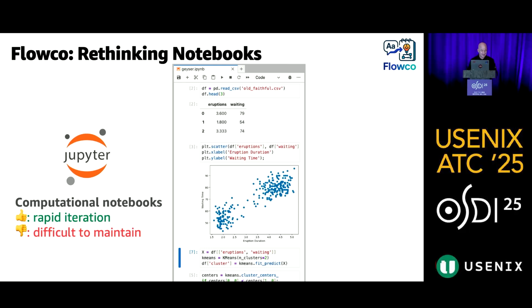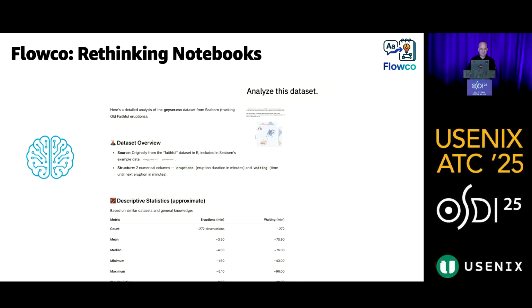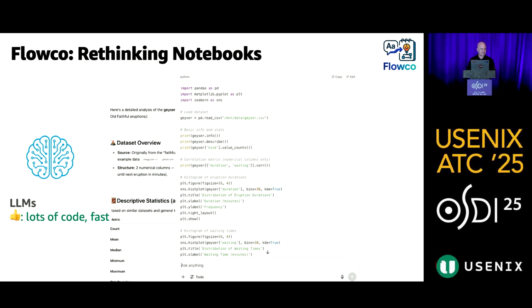So on the other hand, there's also this thing called ChatGPT or Claude or whatever, all of these LLMs that are pretty OK at using natural language to produce code to analyze your data set. So we gave some LLM this instruction, analyze this data set. And it does a pretty OK job. It comes up with some reasonable insights, maybe not perfect, and it generates a bunch of code.